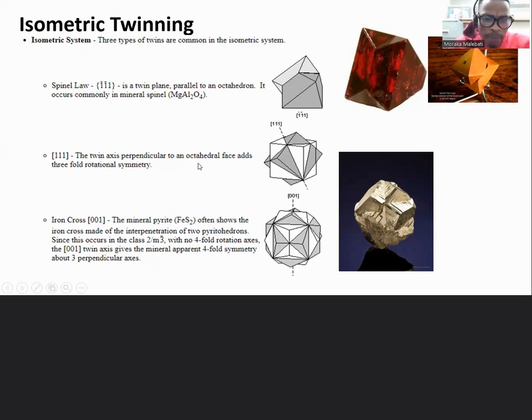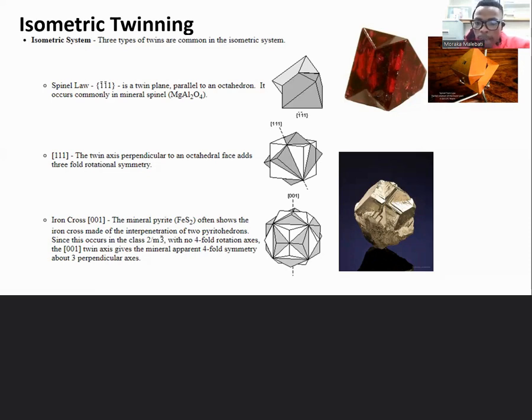And then we can also have the iron cross. Like I said already, pyrite. You will see different pyrite crystals, or pyritohedrons.